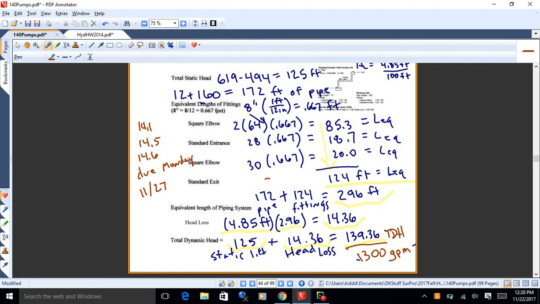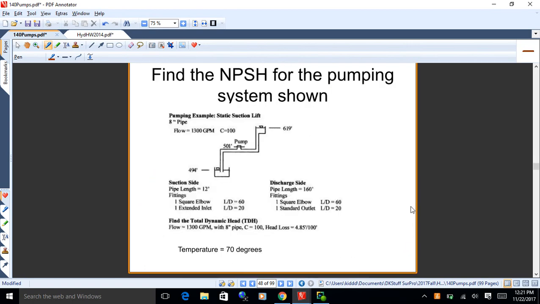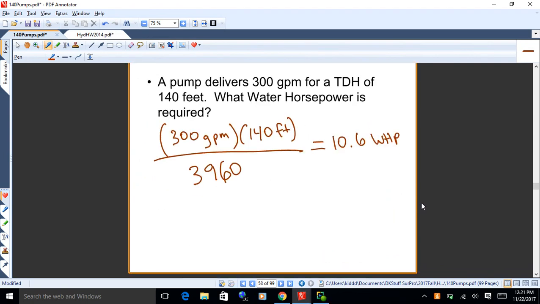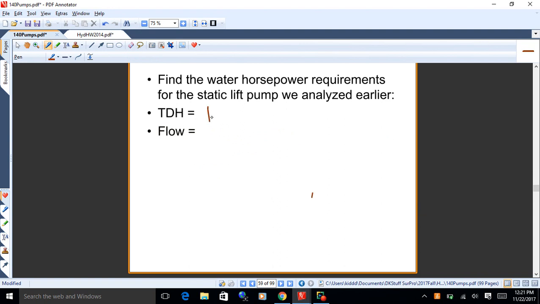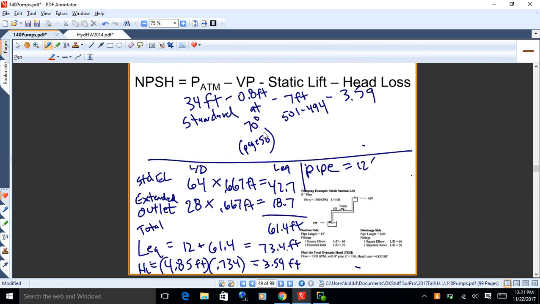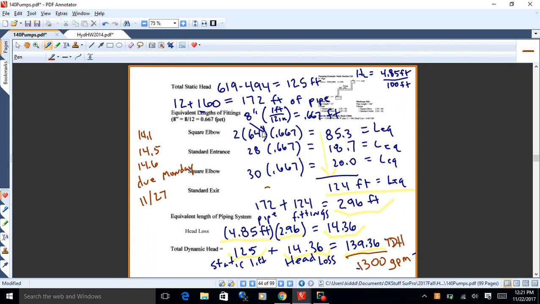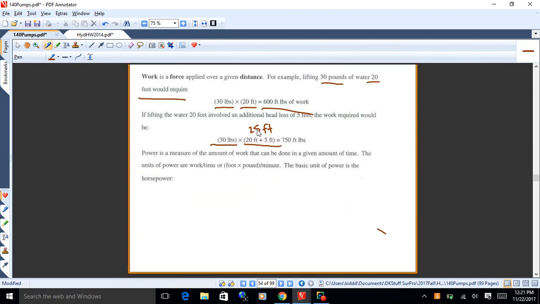So you could carry on with the calculation on this page and get the water horsepower. You can start with those conditions shown there and then work through to get the water horsepower.